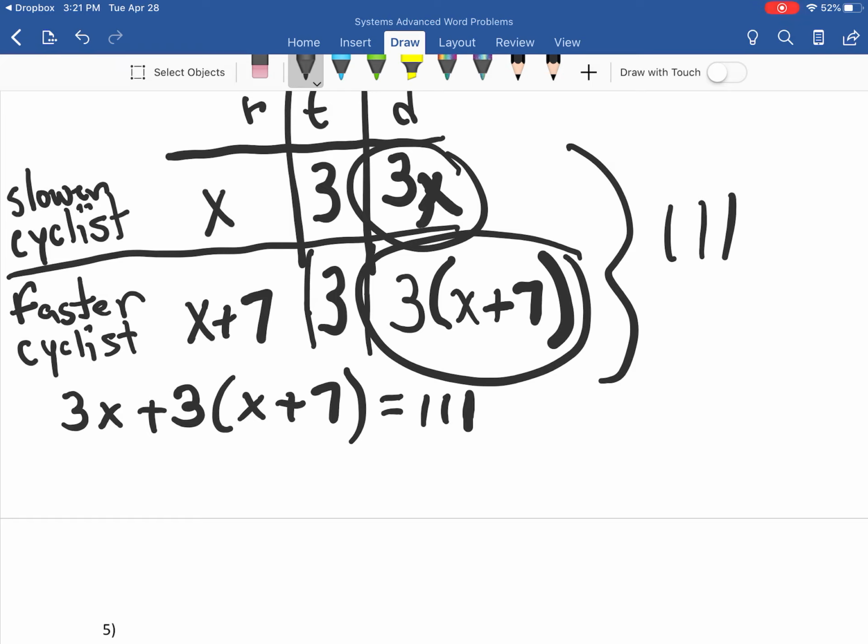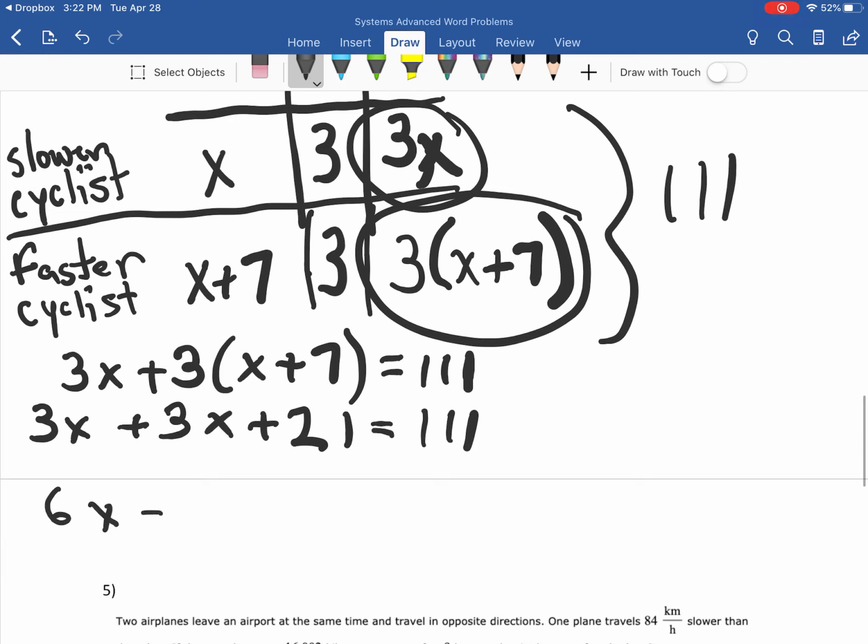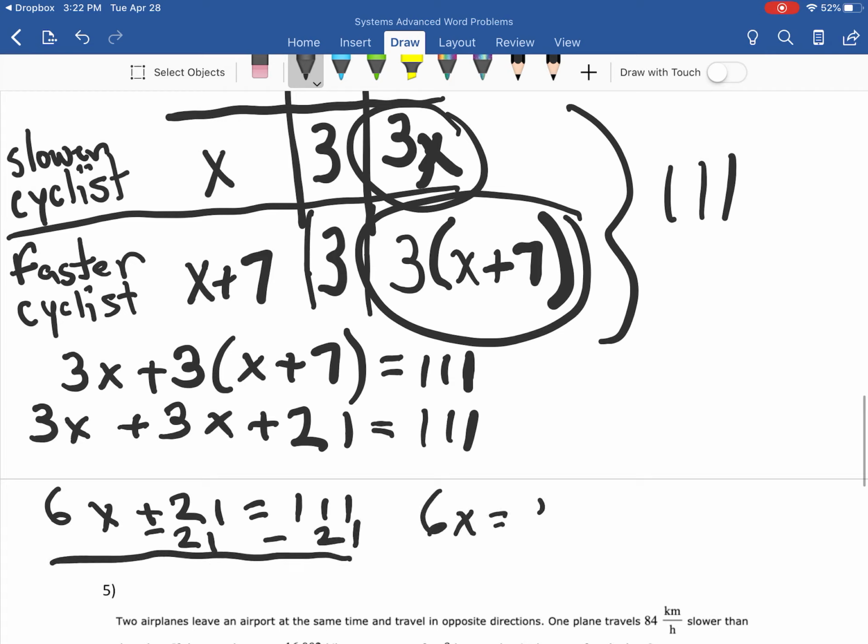equals 111. So we don't even have a y here. 3x plus 3x plus 21 equals 111. 6x plus 21 equals 111. So that is 6x equals 90, divided by 6, divided by 6. So x is going to be 15.